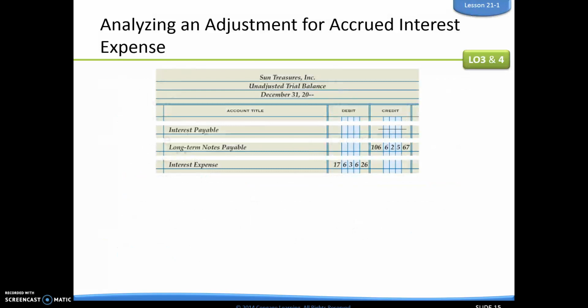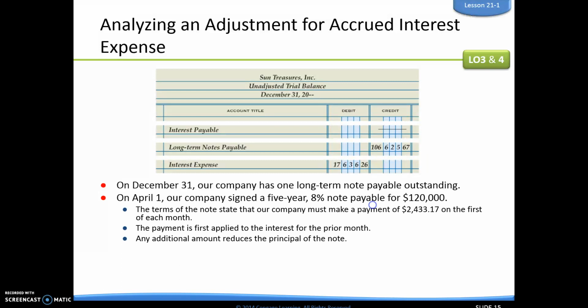So if we look here, for example, on December 31st, our company has one long-term note payable outstanding. Remember, this is us owing someone else money. You can see that our long-term note payable had the following terms. It was a 5-year note, 8%, and $120,000 was the face value. The terms of our note state that our company has to make a payment every month of $2,433.17.